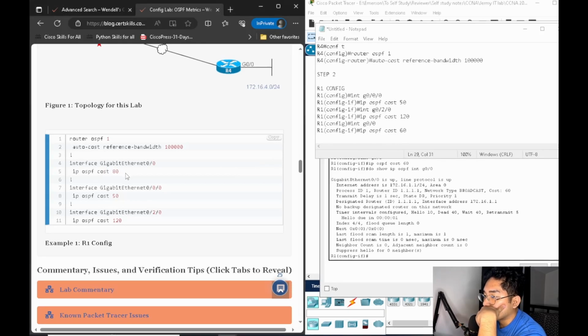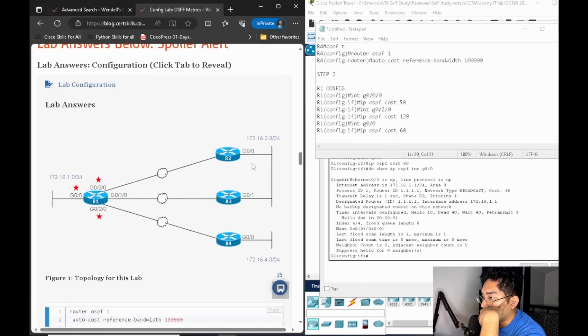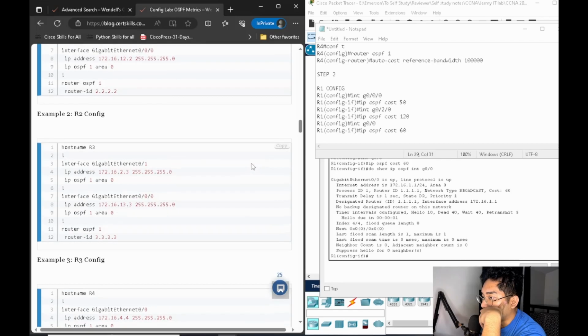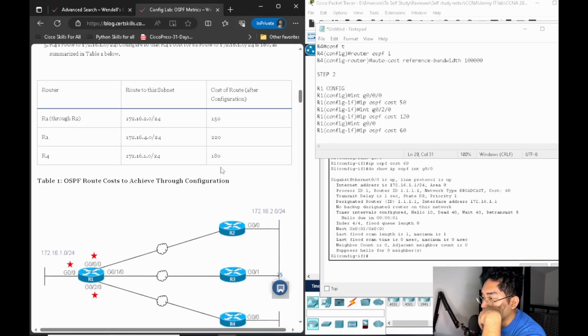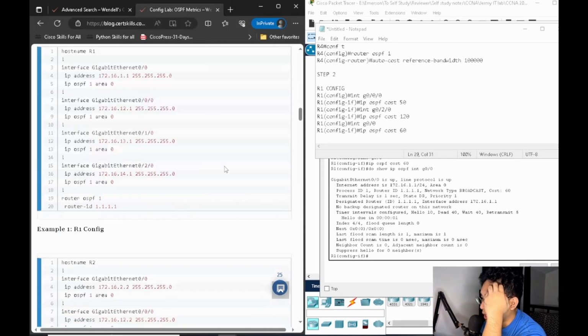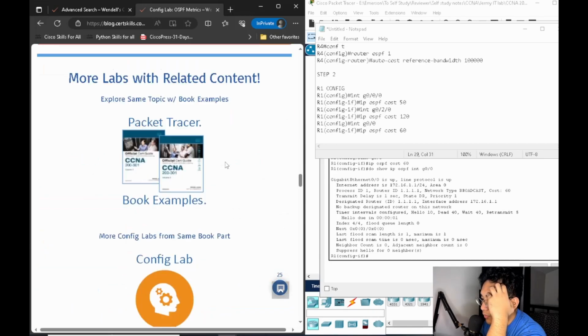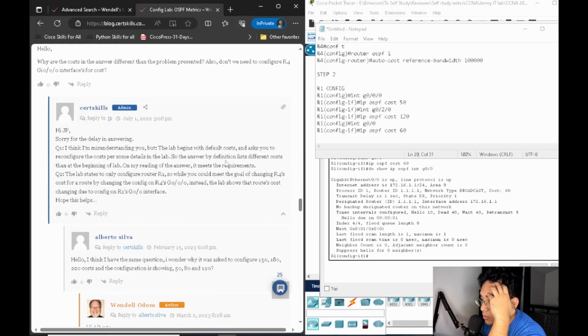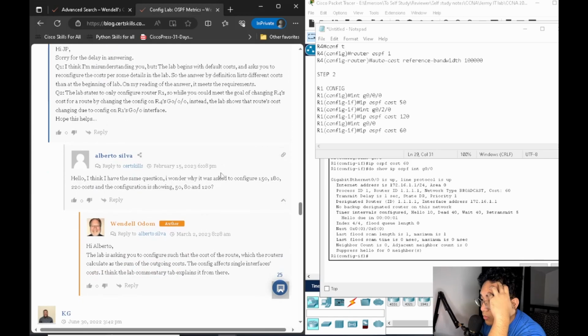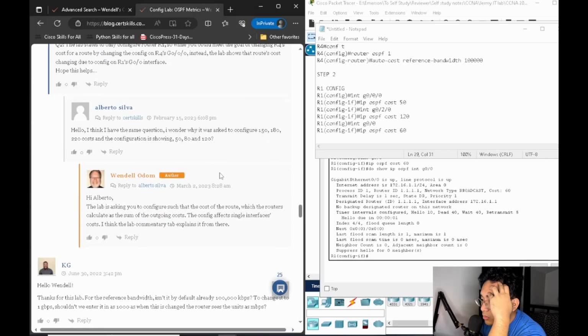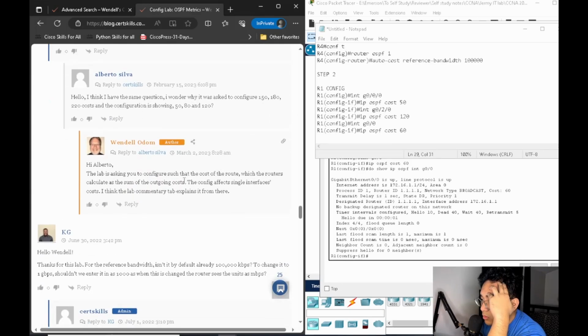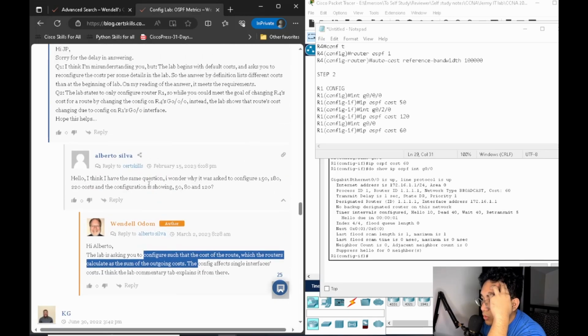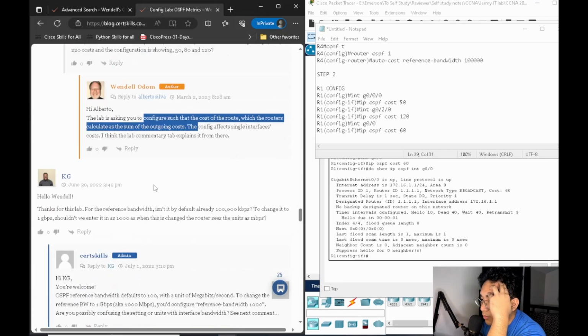That's why it used 80 for a total of 180. I think that's what happened. I wonder if there's a commentary here. The lab is asking for a cost of 80.